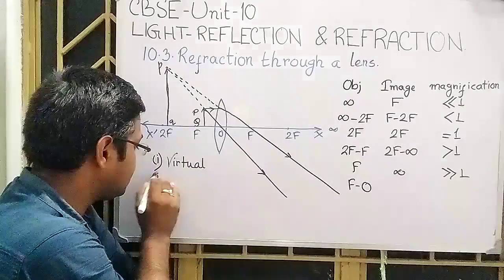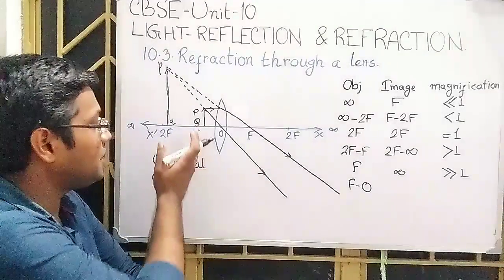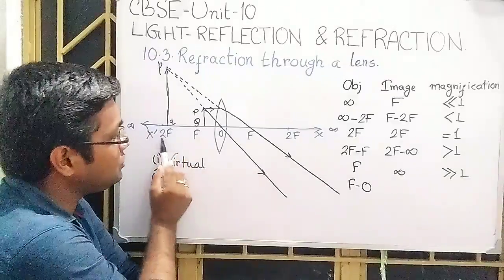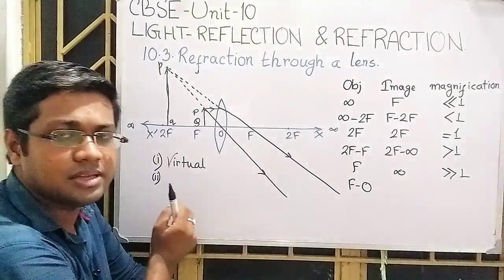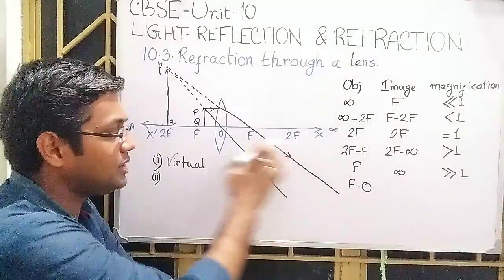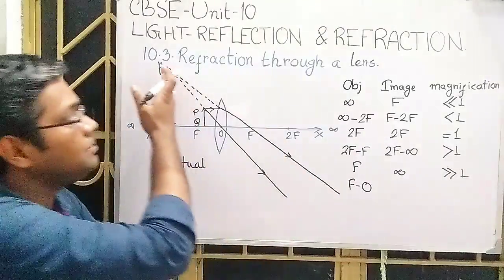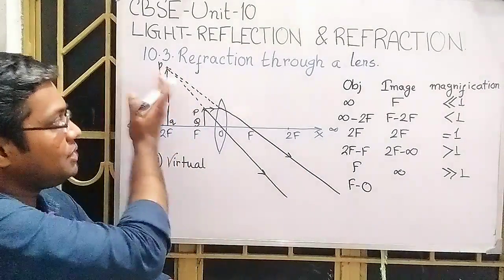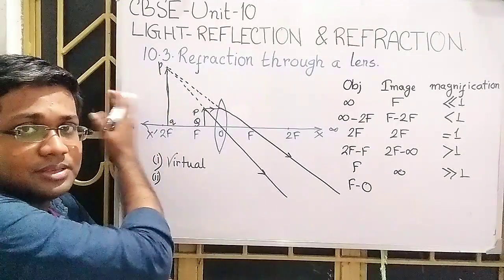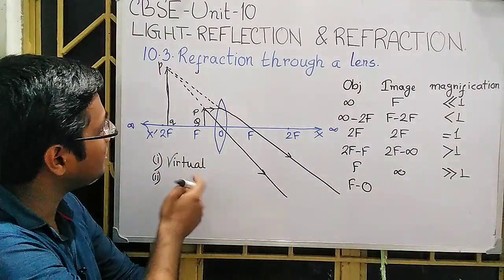Number 2, where do you obtain this? Here it is seen that it is obtained in between 2F and F, but I want to say there is no specific distance. If the focal length of the lens is increasing, if the rays are more diverging, they will shift this way, but behind the lens.